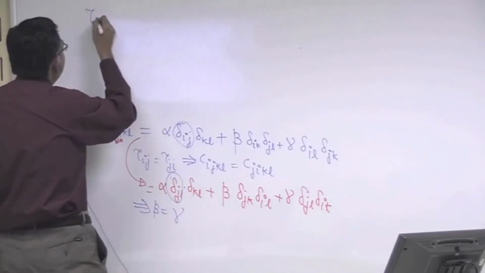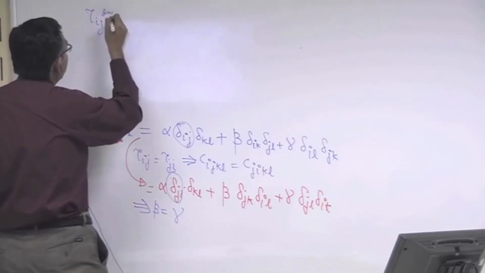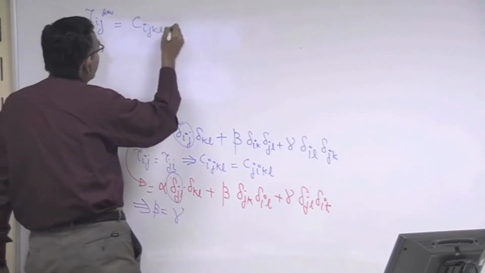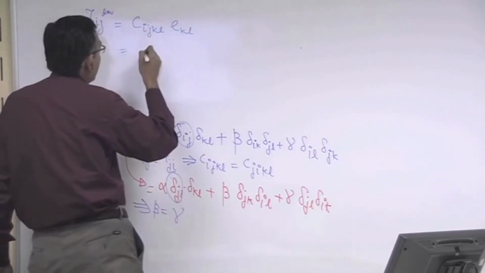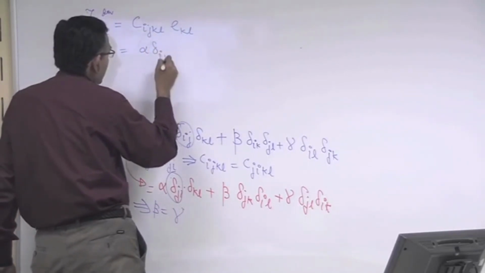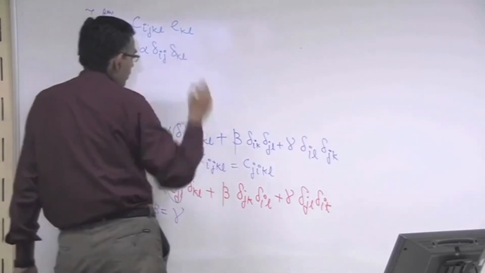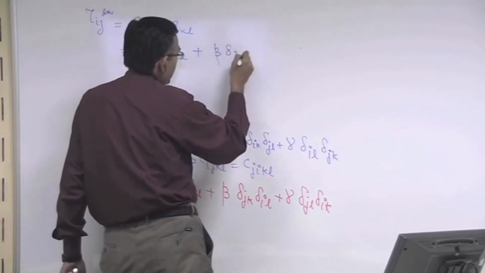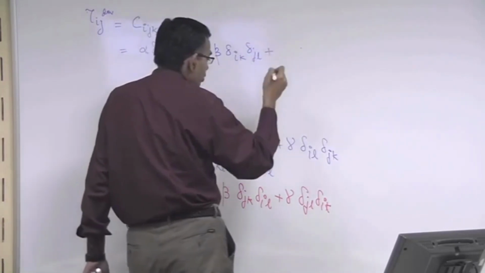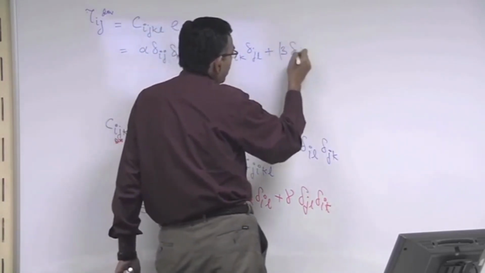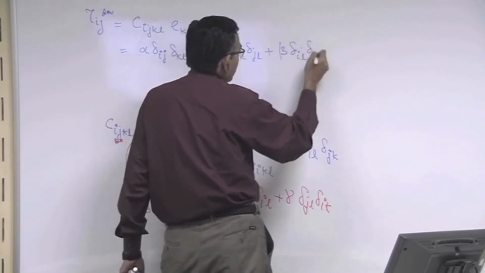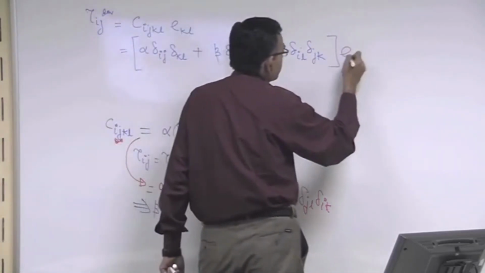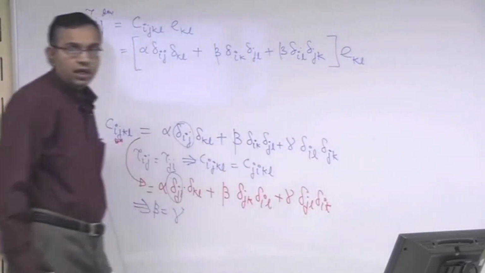So tau ij deviatoric is equal to Cijkl into Ekl, that is equal to alpha delta ij delta kl plus beta delta ik delta jl plus gamma, which is also equal to beta, so plus beta delta il delta jk, this multiplied by Ekl.